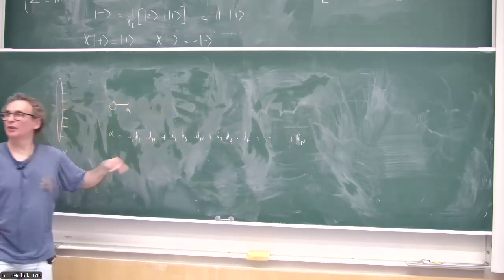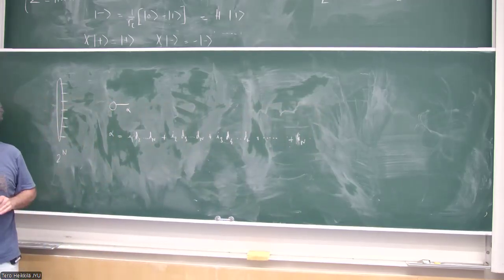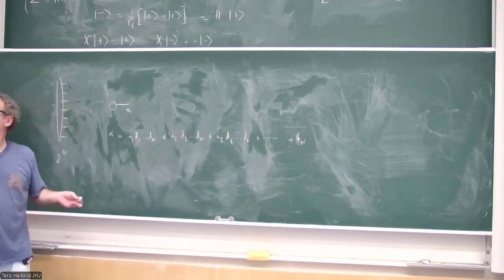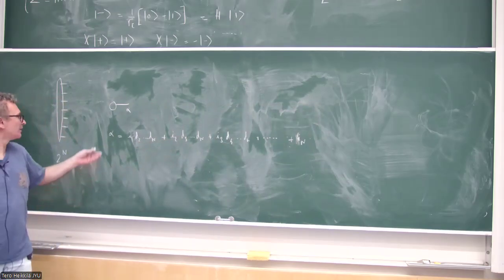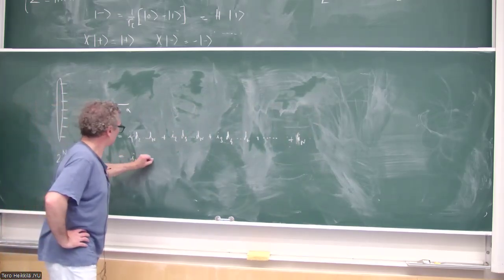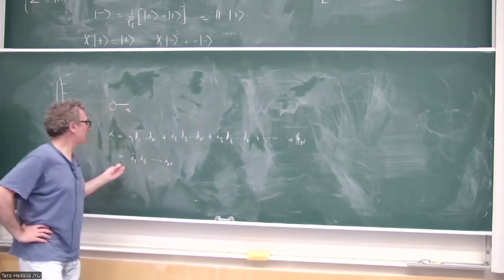This is the unfolding of a vector. And if d equals 2, which will be the case for qubits, then essentially this is just writing alpha in binary form.